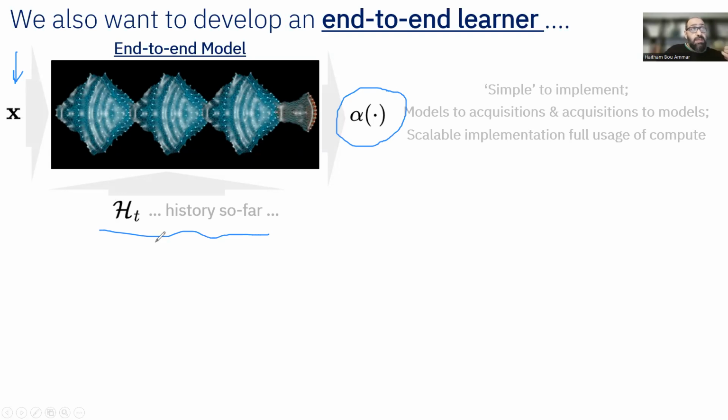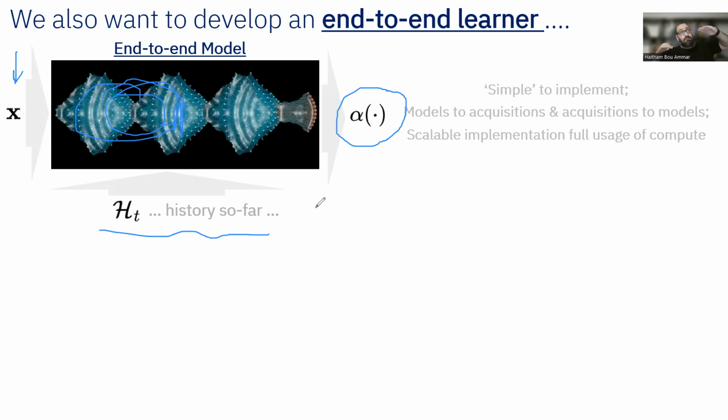What would be cool about this is that first, it's simple to implement, much simpler than a two-step Bayesian approach. It will be scalable, because if it's end-to-end trainable, I can use all the power of GPUs that I have, which is awesome. And it has a feedback that is kind of ignored in standard BO. Now the part of this model that is responsible for acquisition maximization can feed back to the part that is responsible for the model, and the model part can feed back to the acquisition optimizer.